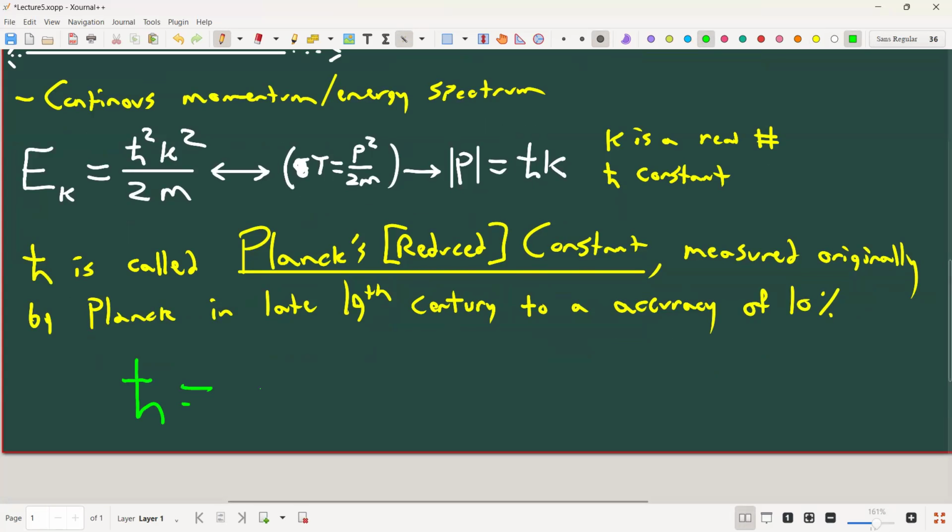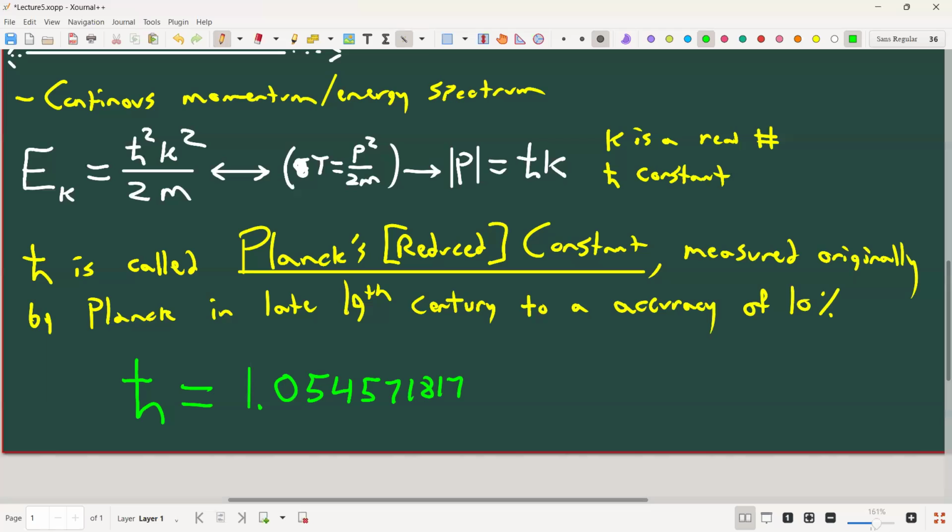H bar is 1.05457 1817. I've given all the digits. We won't use all of them, but these are the digits. This is the full number times 10 to the minus 34 joule seconds.